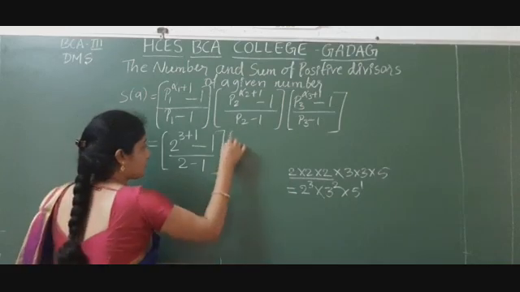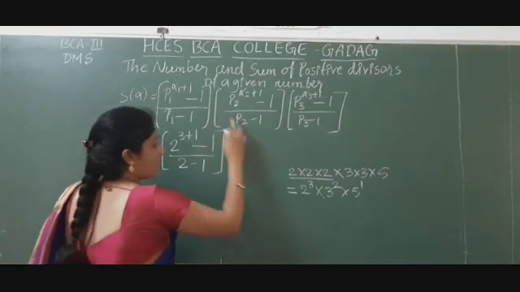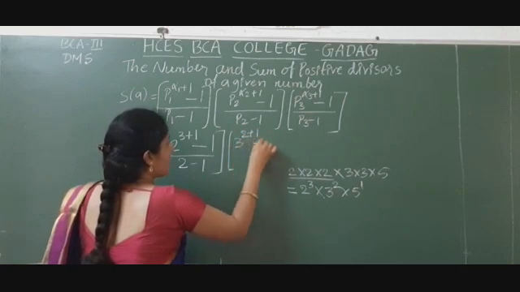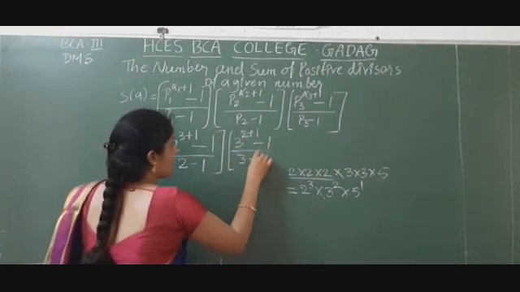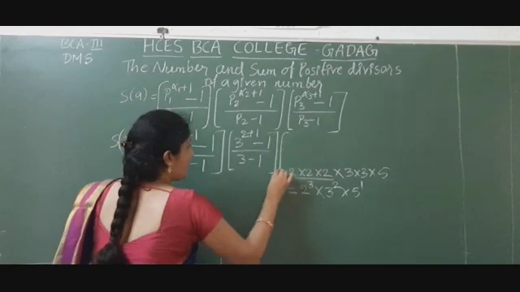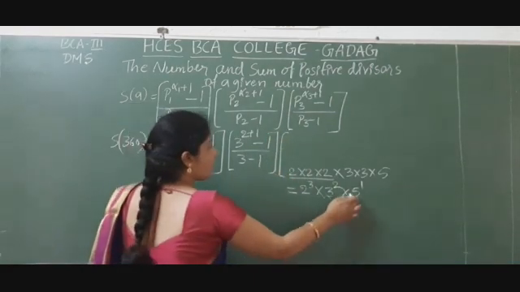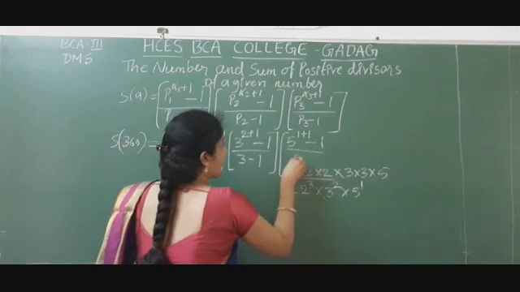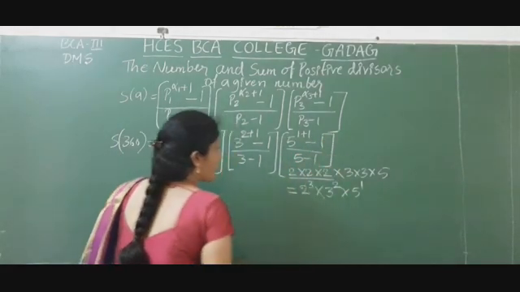Okay. Next, P2 is 3 raised to 2 plus 1, minus 1, divided by 3 minus 1. Next, P3 is nothing but 5 raised to 1 plus 1, minus 1, divided by 5 minus 1.